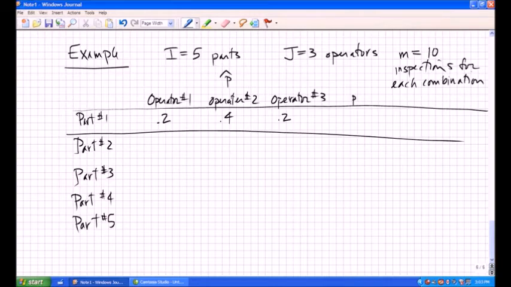If you average those 3 numbers, what you get is 0.2667, and that's the guy that I called p-hat bar. If you take that number times 1 minus that number, you get 0.1956.